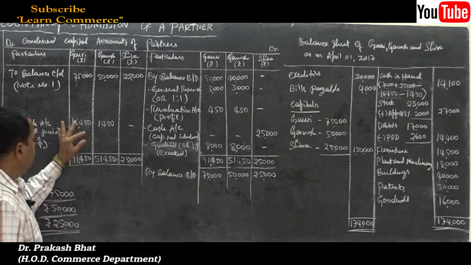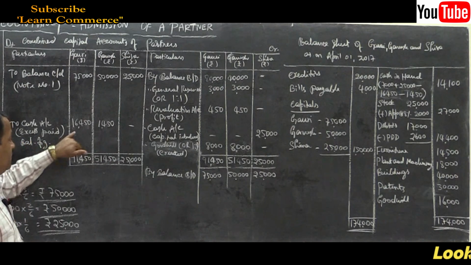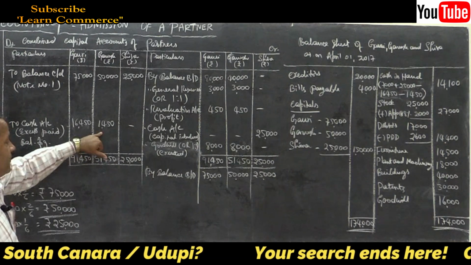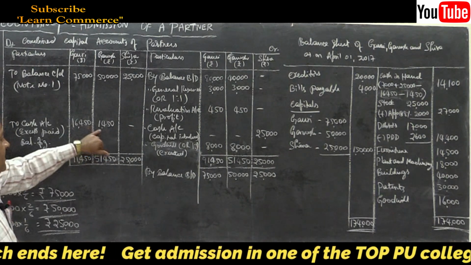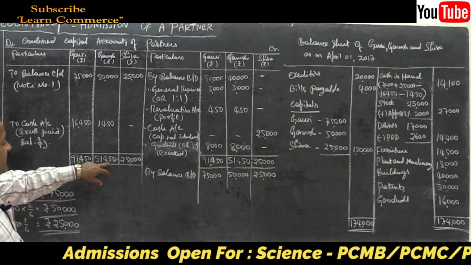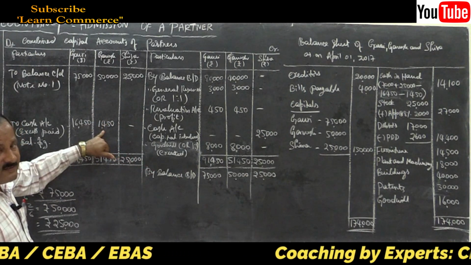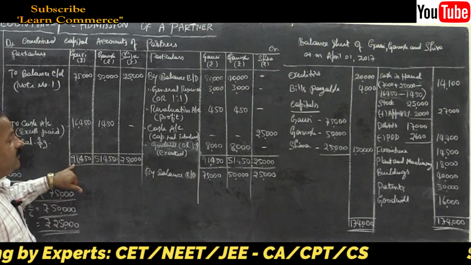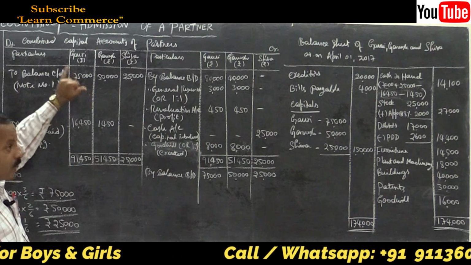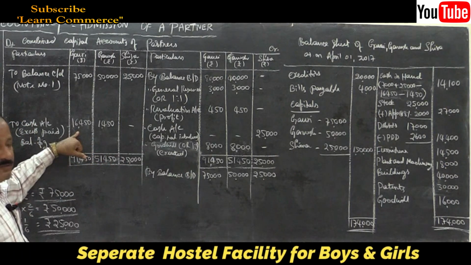Now change this figure only, the excess paid entry remains, only the figures change. Write 16,450 and 1,450. That is the excess amount because the total is 51,450 on the credit side. Here 50,000 is required, excess amount 1,450 is paid. Here 91,450 balance is there, 75,000 should have been in the capital balance, so excess amount 16,450 is paid.